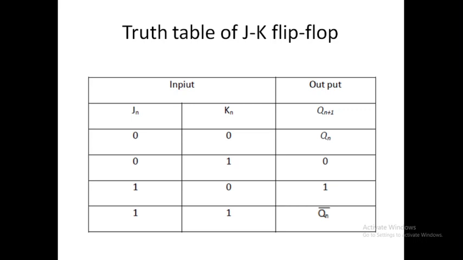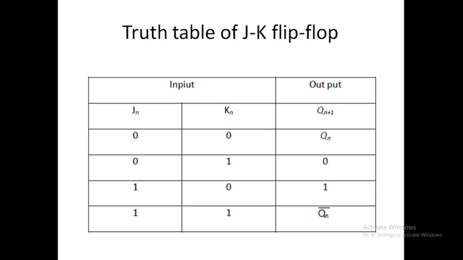So toggle output, and we are not considering J and K for 0 and 1 and 1 and 0, because in the T flip-flop we have shorted the JK terminals, so both inputs are always the same.